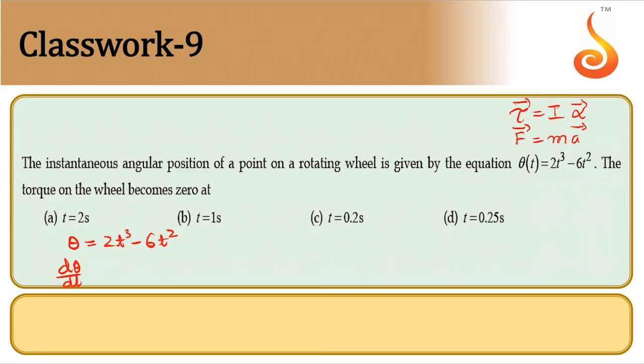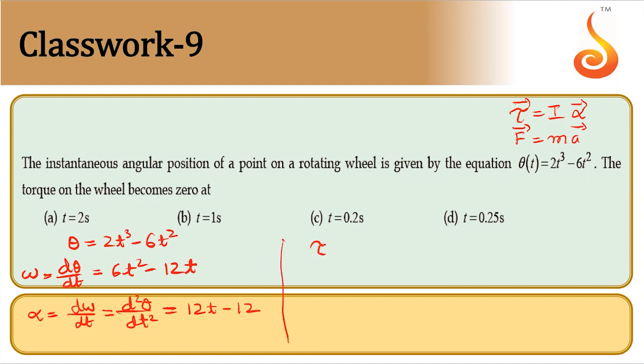D theta by dt, this will be omega. Omega equals, differentiate it, 6t square minus 12t. Differentiate it again, we'll get alpha, that is d omega by dt, that is nothing but d square theta by dt square, that is 12t minus 12.